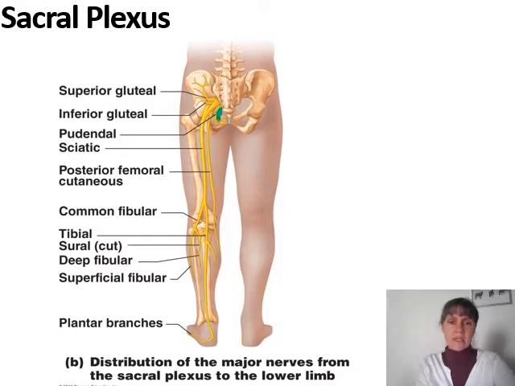We've got the sciatic nerve, which is this big, thick nerve that travels down, and you can see that just proximal to the knee joint, it's going to branch into the tibial nerve and the common fibular nerve. And then those nerves will branch as well.